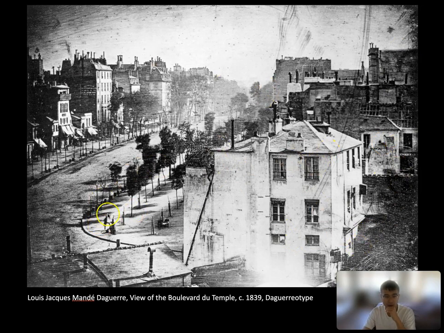Oh, but I found this figure right here with a foot resting on a pump, looks like. It's only one person right here. But let me tell you, it's probably supposed to be pretty bustling, or at least there were more people walking on the street. But none of them, except this one, were captured because of the exposure time.